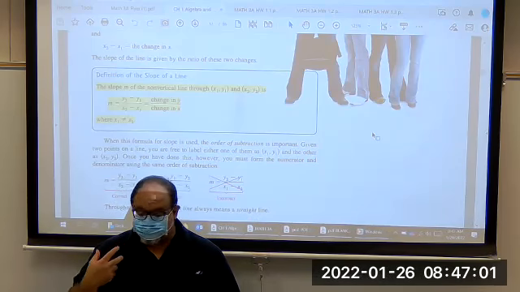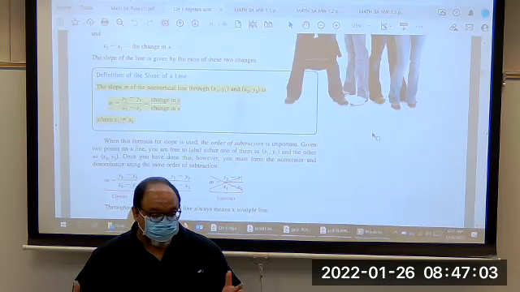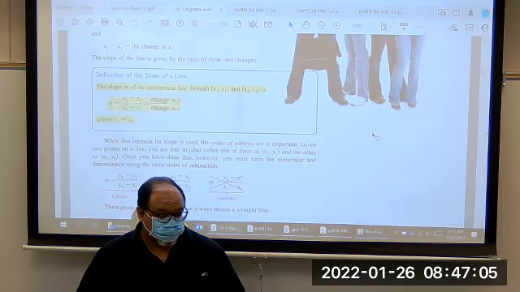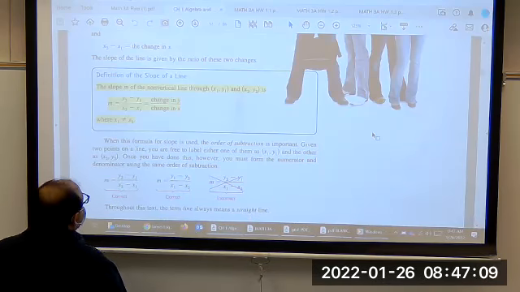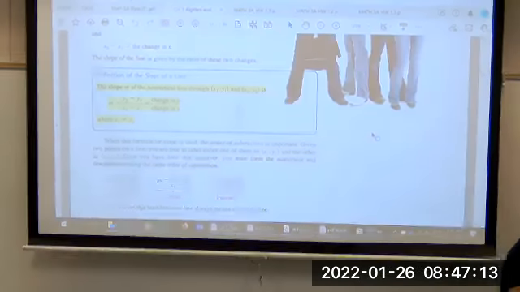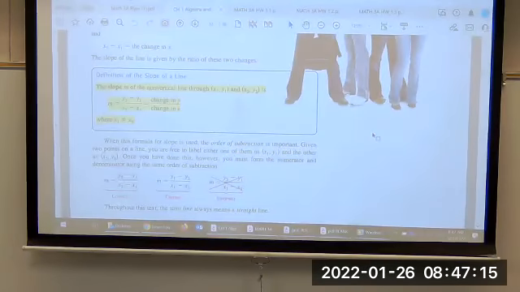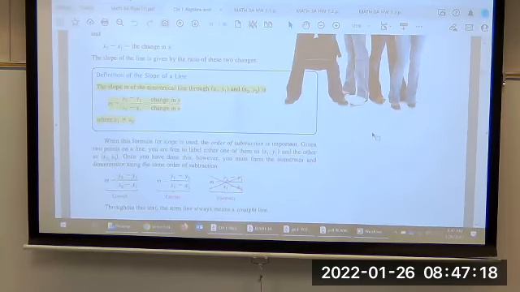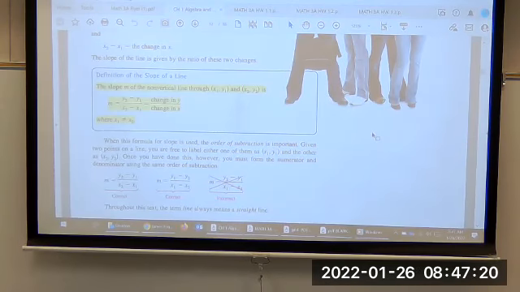Bottom line about slope. Start with lines first. Tuesday, Thursday is basically a day ahead of you guys because they didn't have a day off.